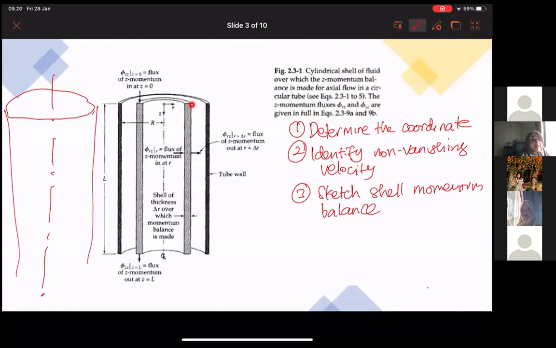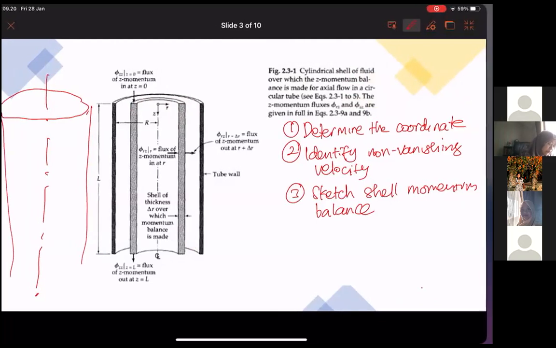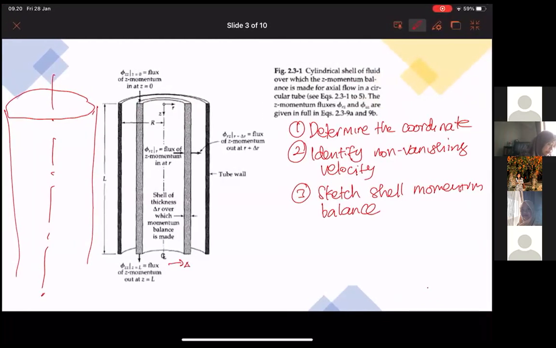The thin cylindrical shell here has a thickness of delta x, so delta r. So you can imagine that in your cylindrical pipe, you construct a thin shell of this tube.